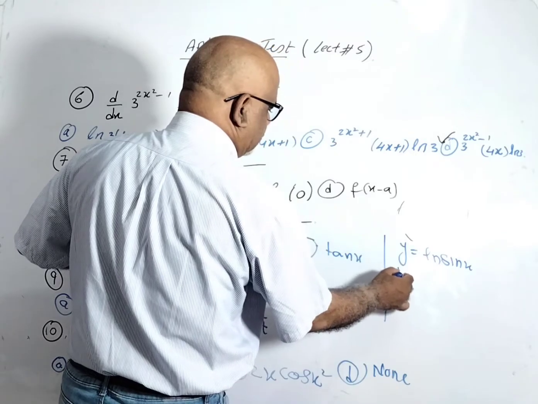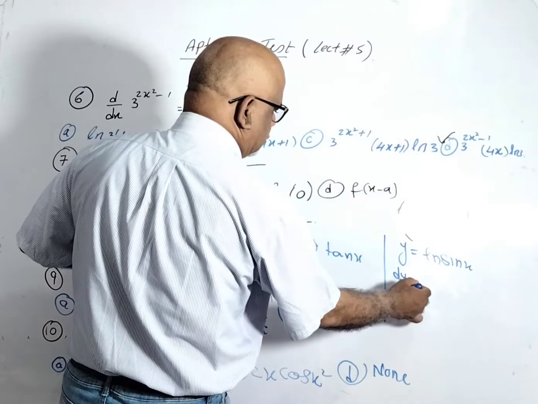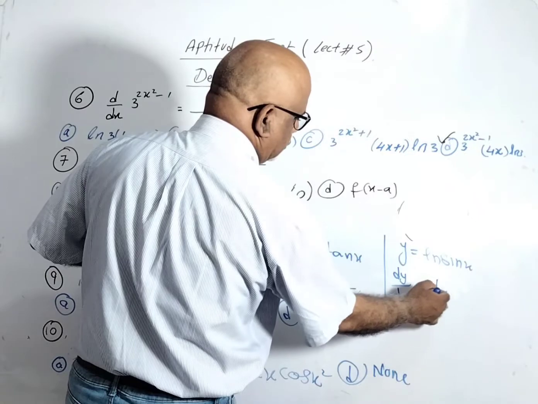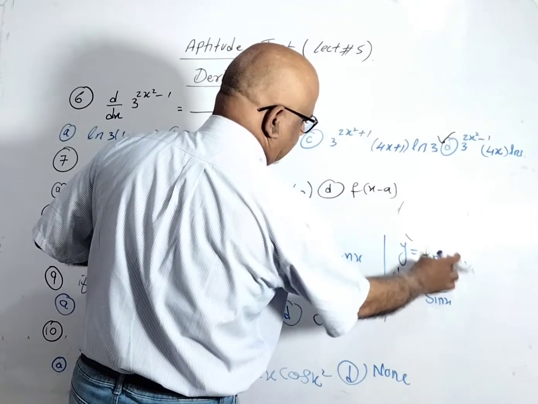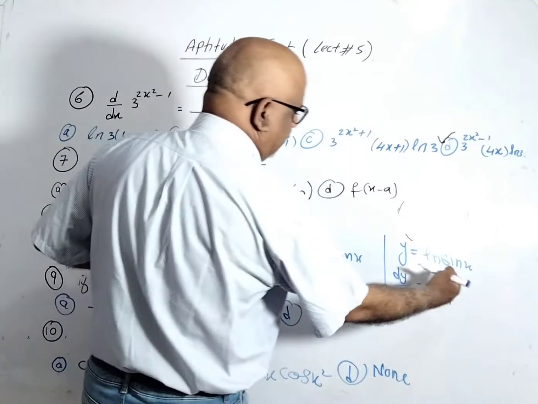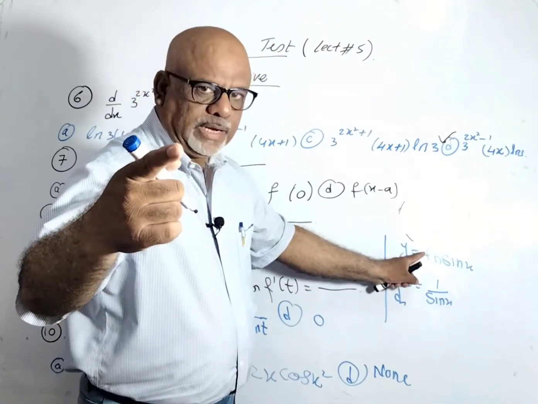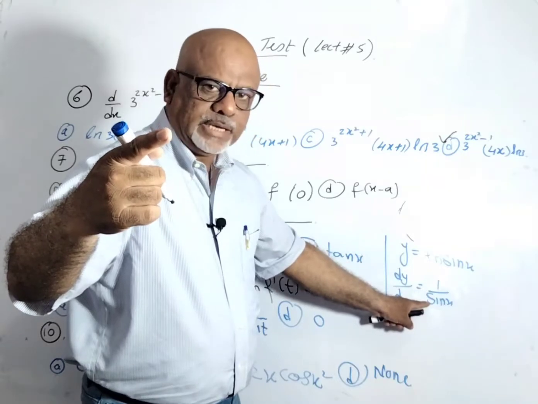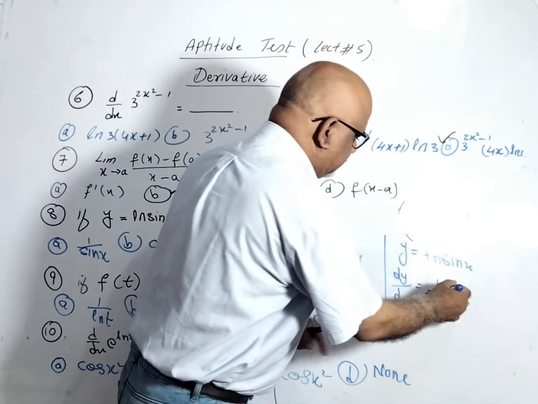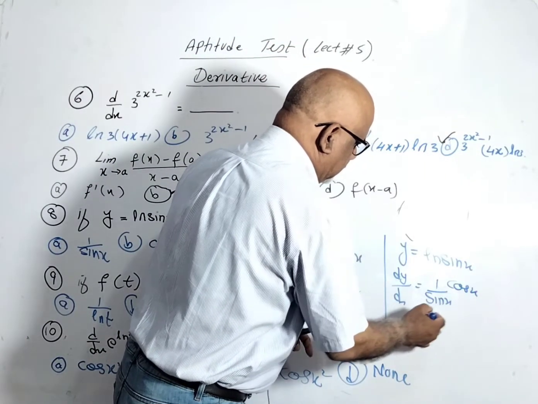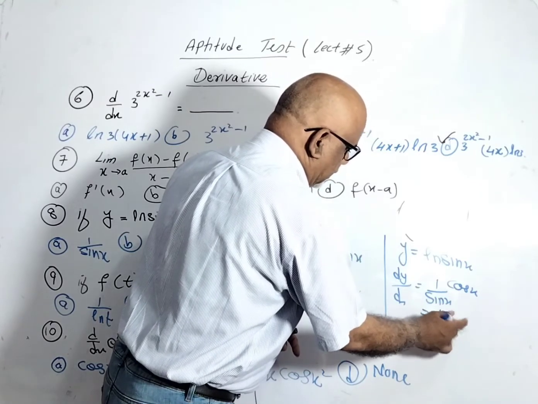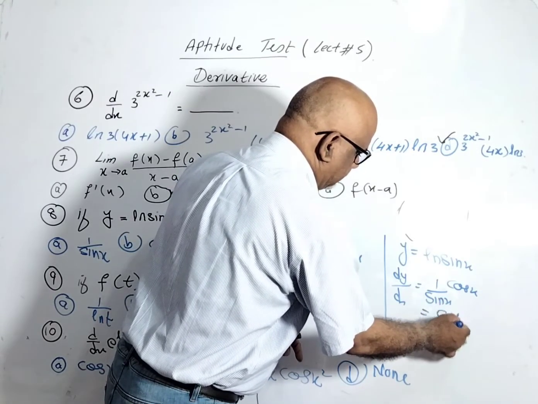So we have to differentiate with respect to x. The derivative of ln will be 1 over whatever the value is given to you, and then we have to find the derivative of sin x. The derivative of ln is 1 upon sin x, and the derivative of sin x will be cos x, and cos over sin is equal to cot x.